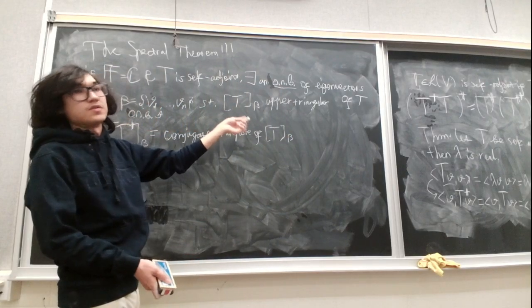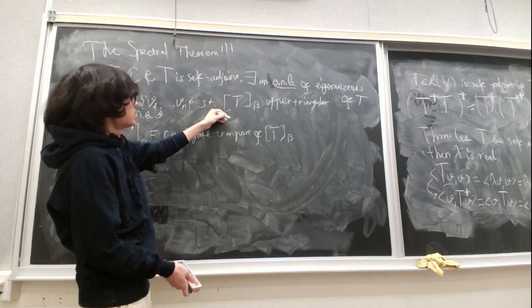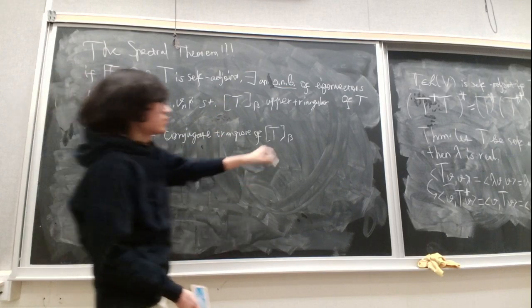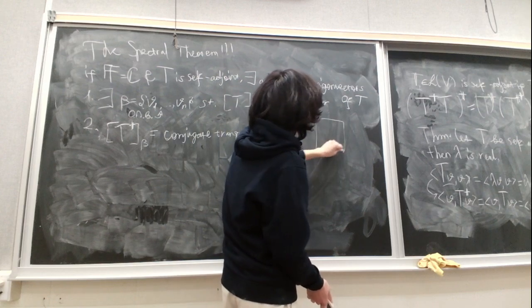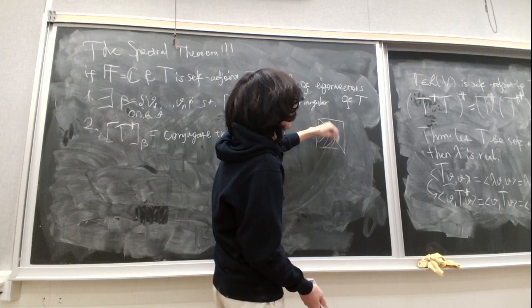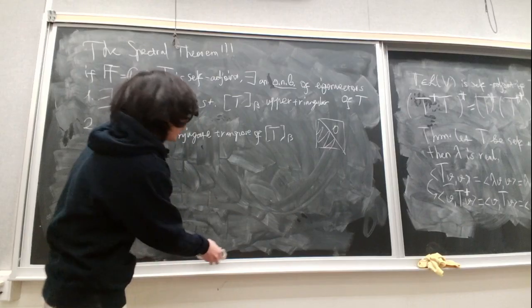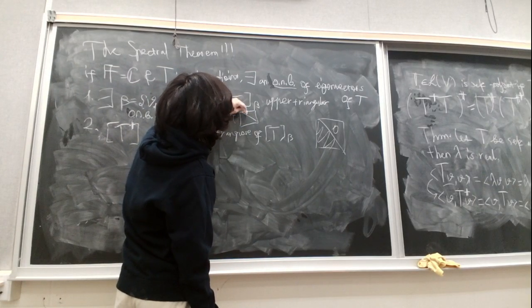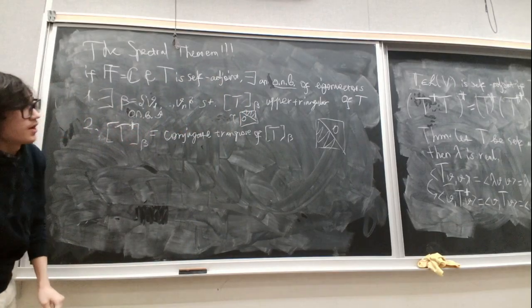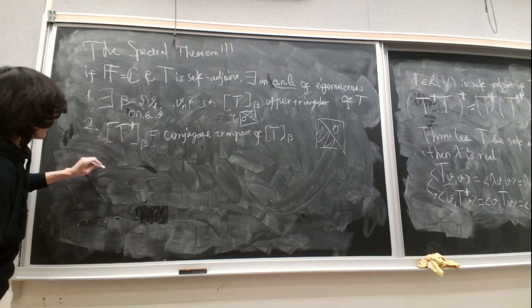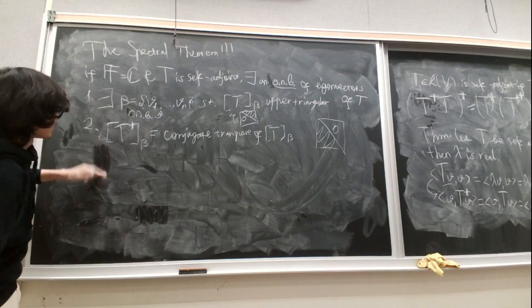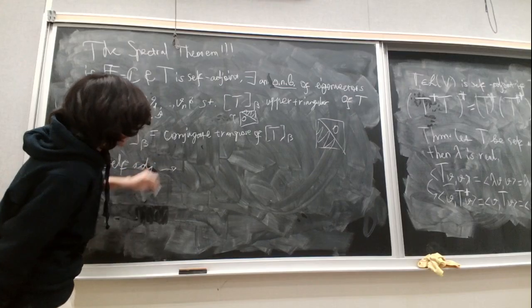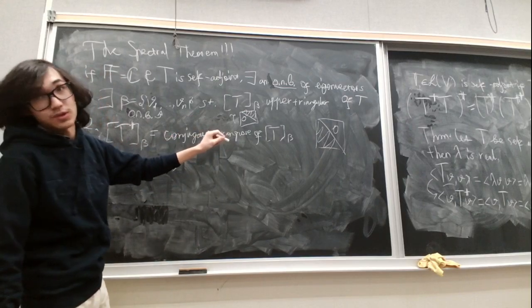Okay. So if this matrix is upper triangular, then the conjugate transpose of it is going to be lower triangular, because you flip it. Now we have that T is self-adjoint, and that means that these two matrices are equal.